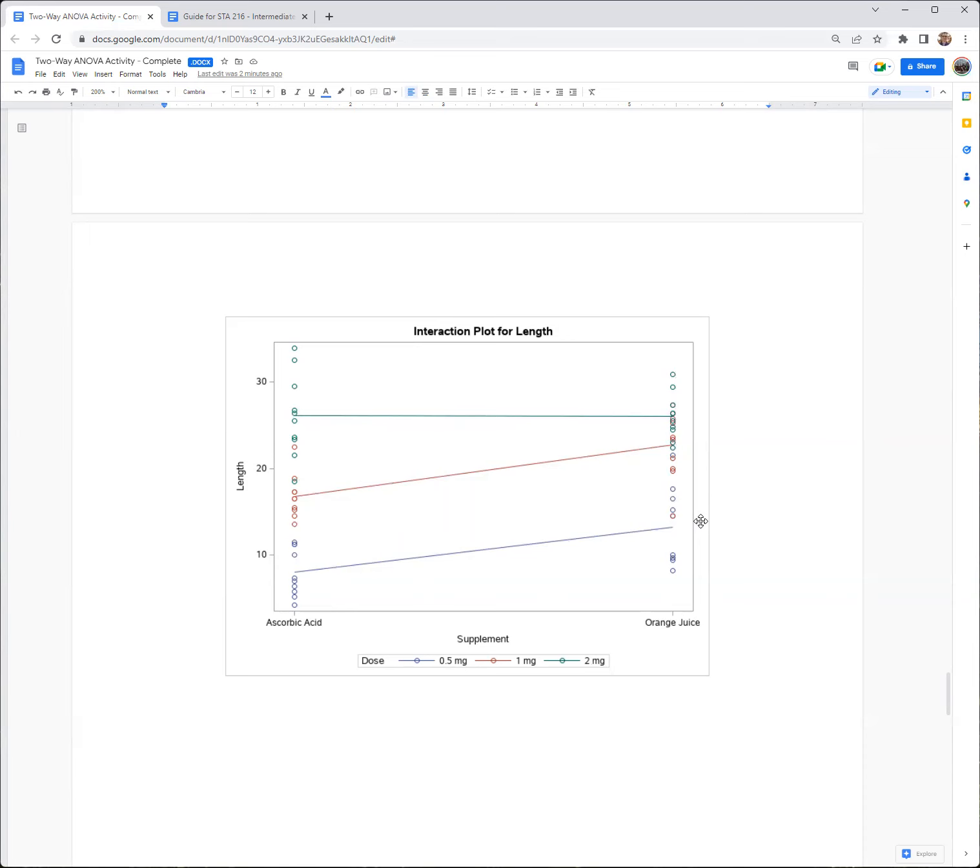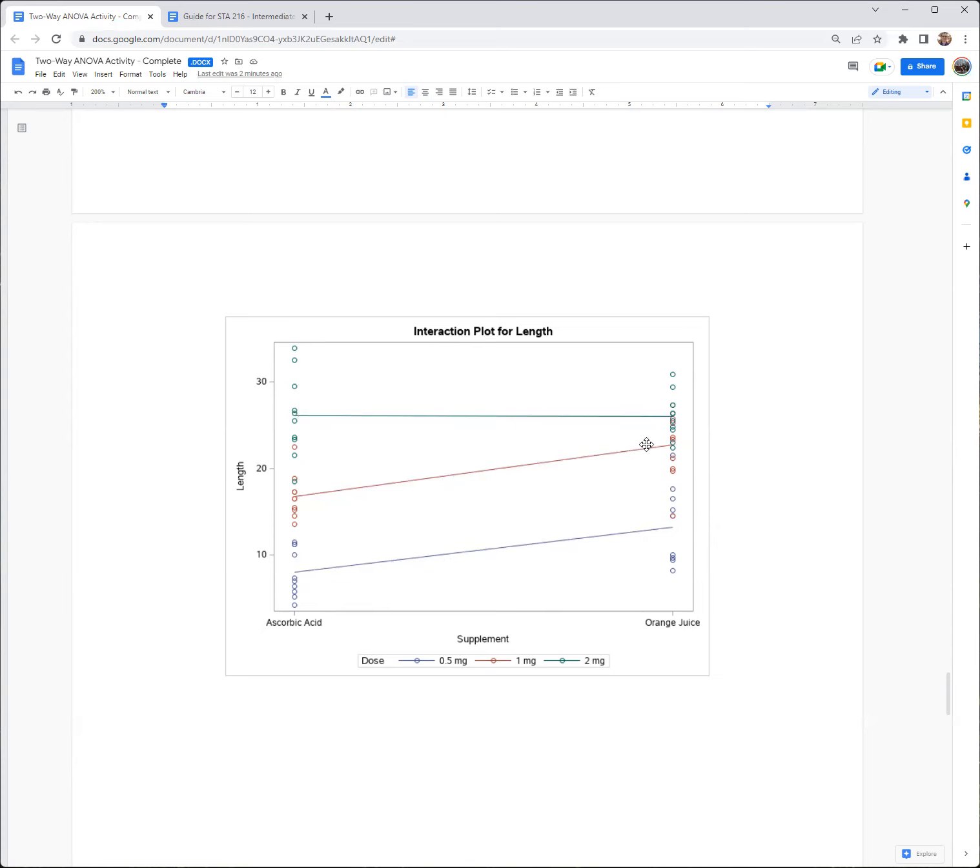So this plot is important because if there is no interaction between factors A and B, then all line segments will be parallel on this plot. In other words, they'll all have the same slope. They'll all run parallel to each other.